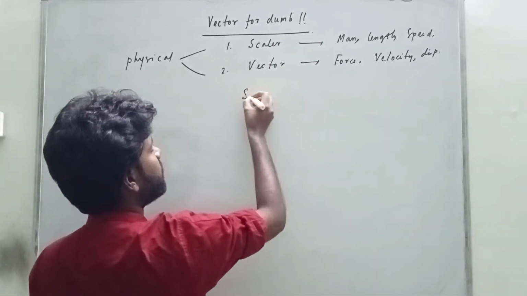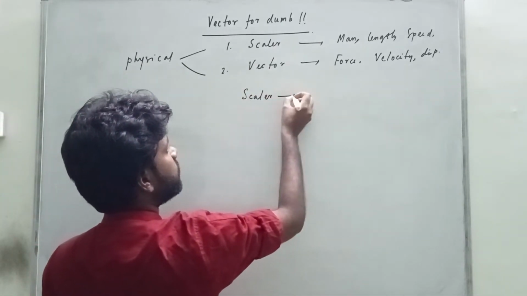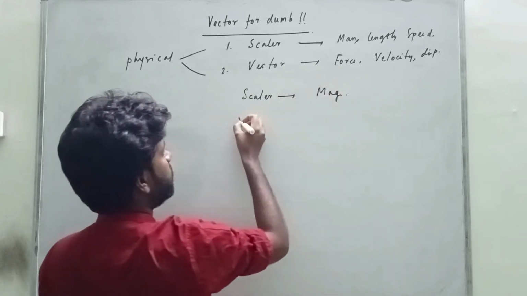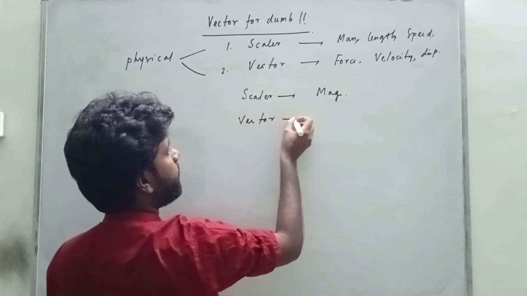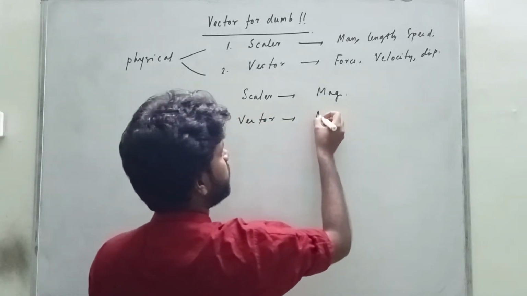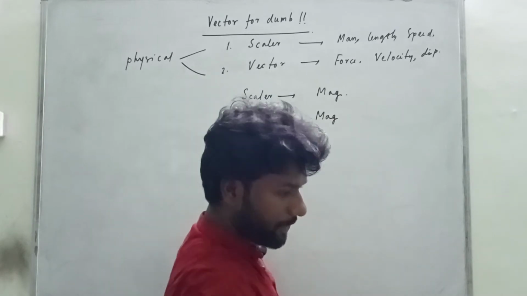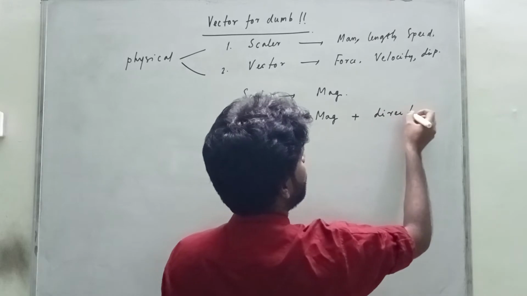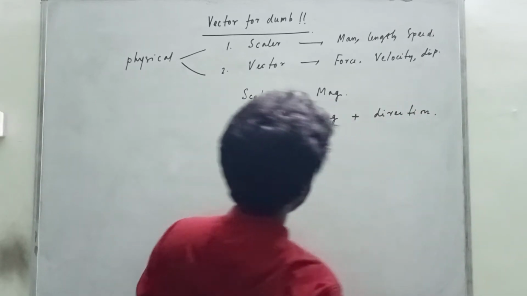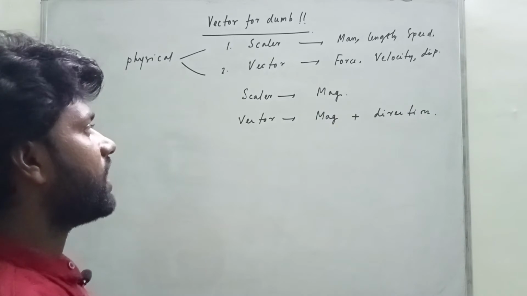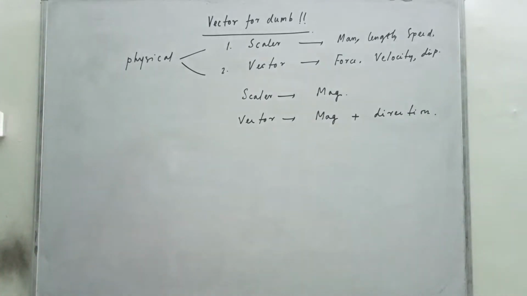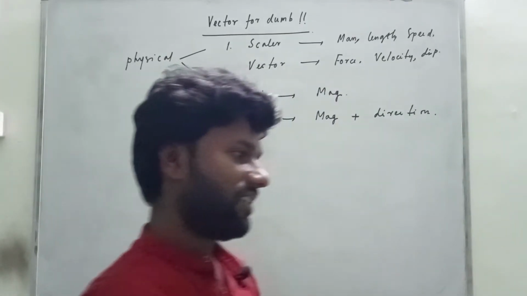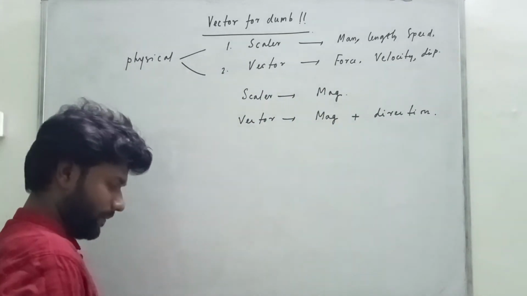And a vector means it has the magnitude, I mean the values, as well as the direction, right? So a scalar quantity has only magnitude, and a vector quantity has magnitude as well as direction. Okay.